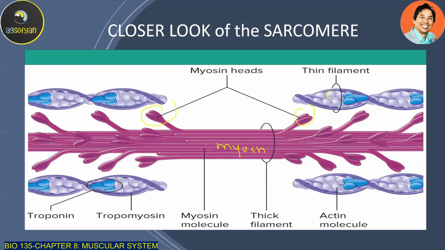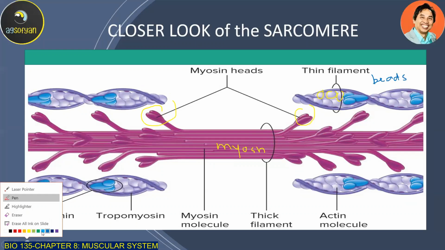The actin filament is actually a bead-like filament. These are bead-like proteins, like a ball. Round proteins.